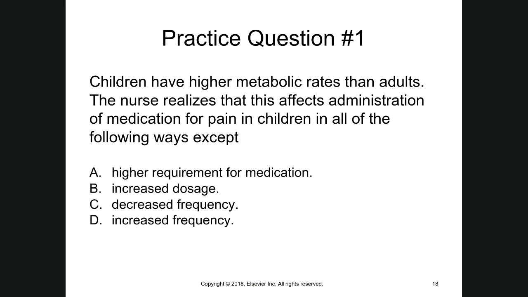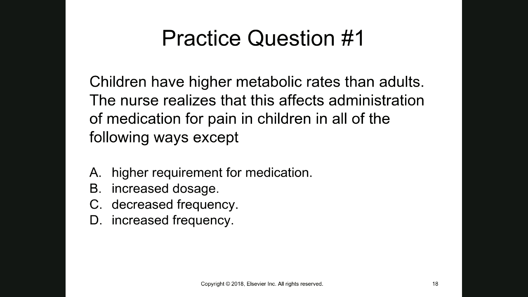I would think A. You want except, you don't want to have a higher requirement for medication. You want to have increased dosage. Really, it would be B, because the word requirement is what could actually make it correct. So increased dosage is not.